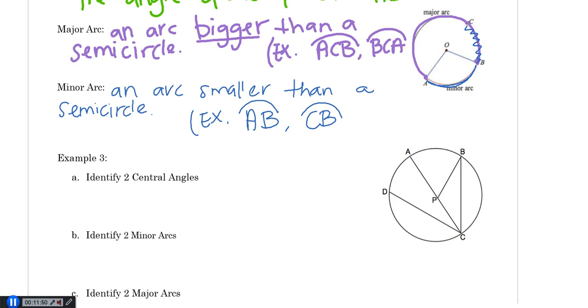So number 3, it says identify 2 central angles. So now remember, central angle has to use the center to create its angle. So if this is my center, one central angle here that I see would be angle APB, right? That would be this angle right here. So angle APB, that's one.